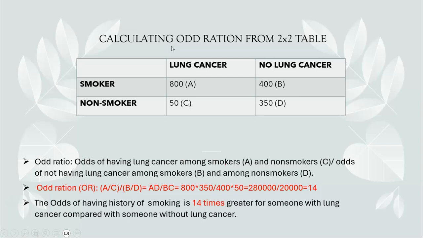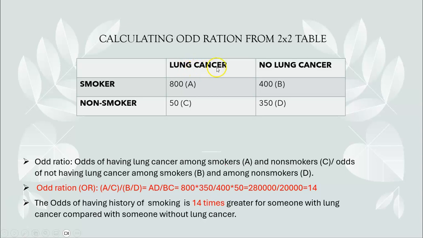Calculate odds ratio. To calculate the odds ratio, we need a 2 by 2 table. For example, here there is a group of people who are suffering lung cancer and one group who are not suffering lung cancer. So before a case control study, we collected this sample data.